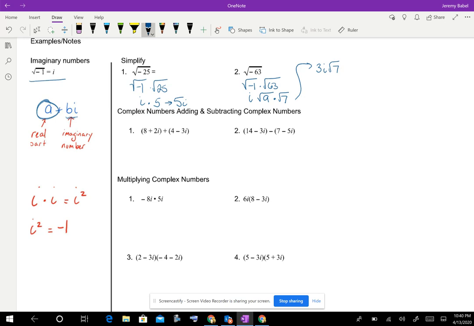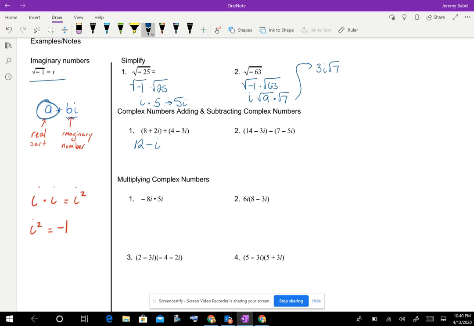When we're adding and subtracting complex numbers, we're just combining the reals with the reals and the imaginaries with the imaginaries. So 8 plus 4 would be 12. And then positive 2i minus 3i would just be minus i. So it's really just kind of like combining like terms when adding and subtracting complex numbers.